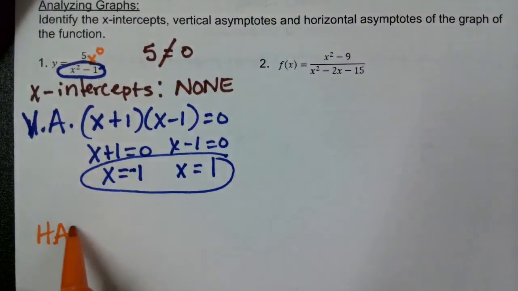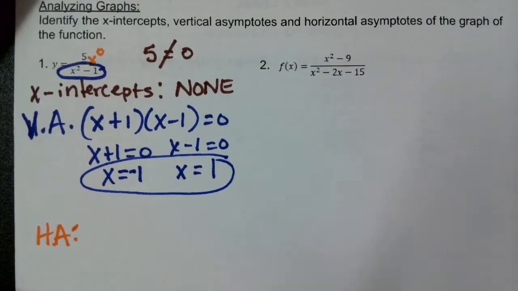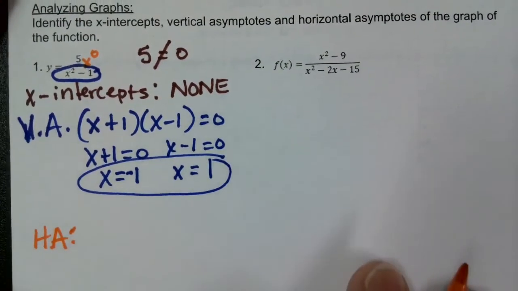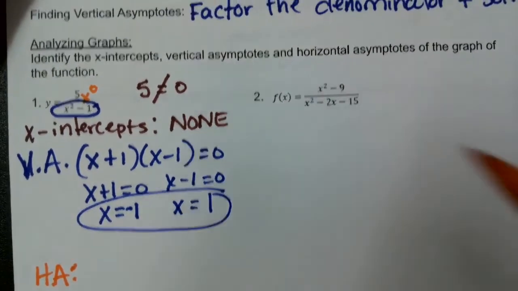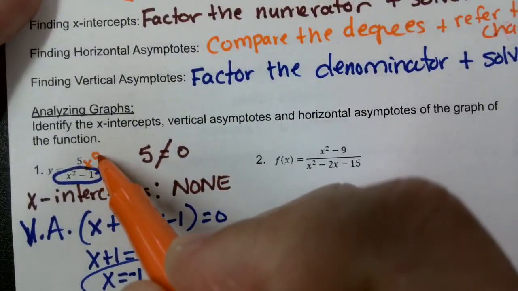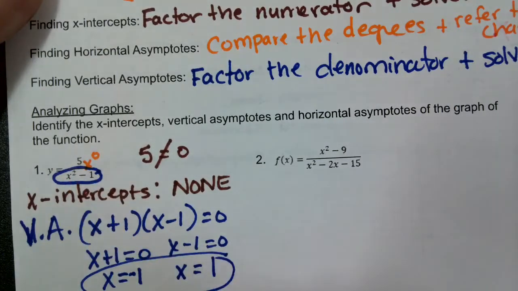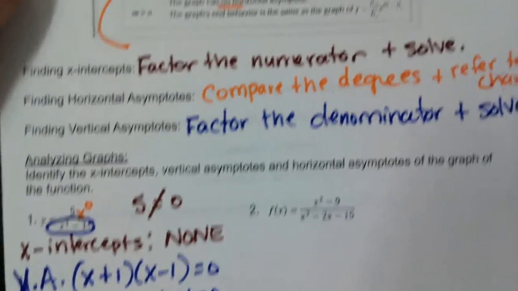So we have x to the 0 and x squared, so 0 and 2. 0 is less than 2.